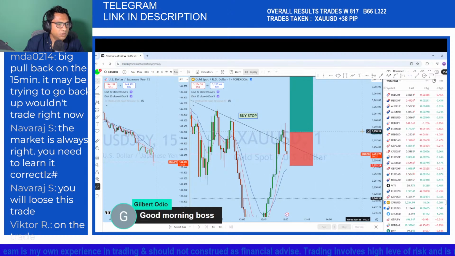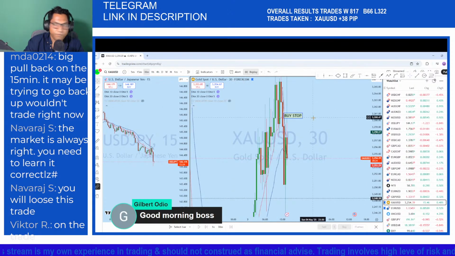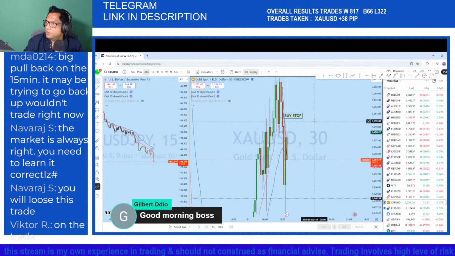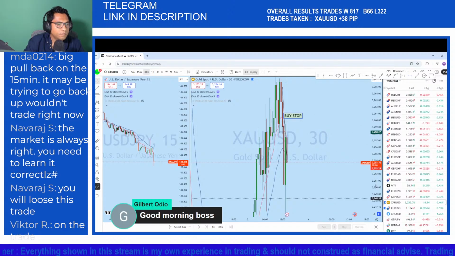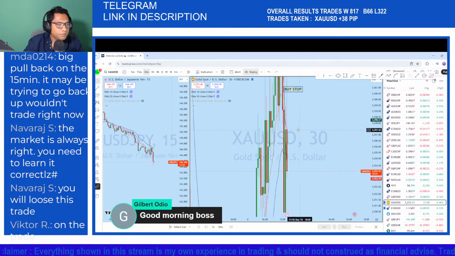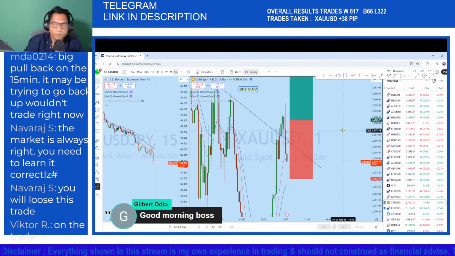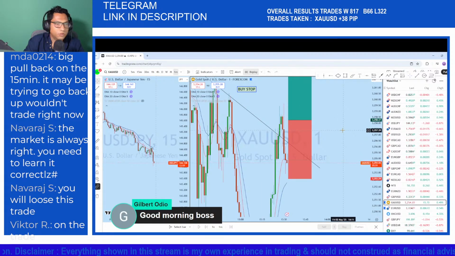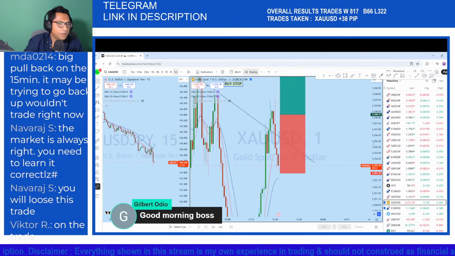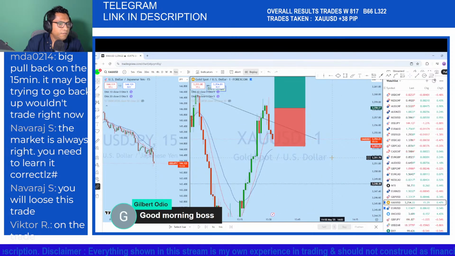The last candle is not a very good one, and we're still on the trade, but it may not remain here.